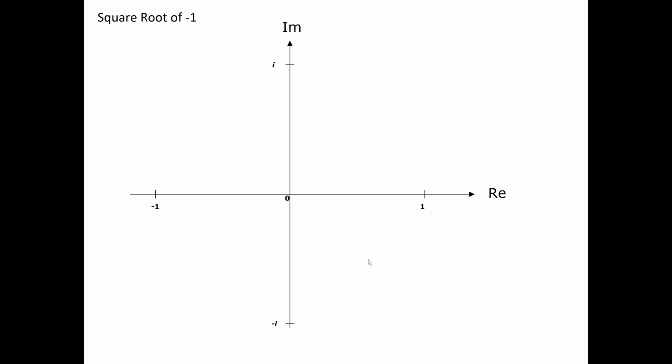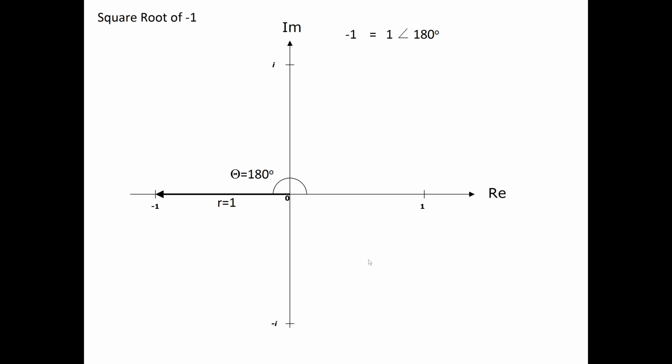Let's use the information that we've learned about how we divide complex numbers. We can express the number minus 1 in polar terms as having a magnitude equal to 1 and a phase angle of 180 degrees.